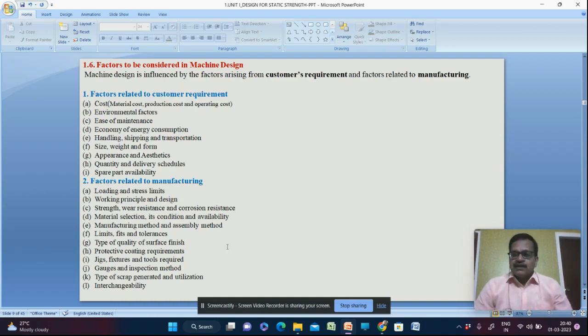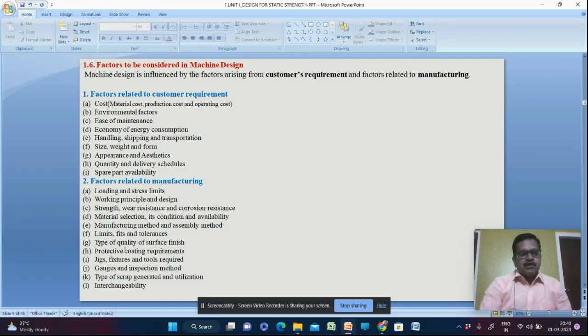So crack initiation takes place at that point, and then crack propagates, and finally the fracture will take place. In order to avoid the fracture of the member very quickly, we are going to have the surface finish under the fatigue loading conditions to a very high degree of smoothness.